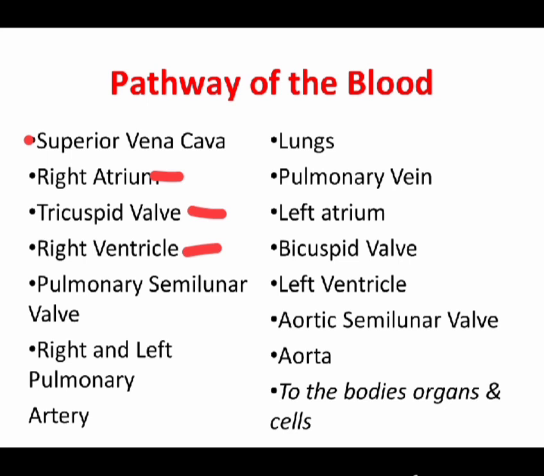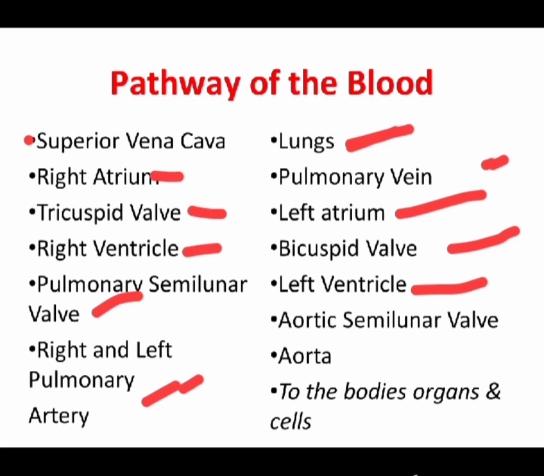It moves through the pulmonary semilunar valve, through the right and left pulmonary arteries, through the pulmonary artery. Then it goes to the lungs. Then from the lungs, it moves to the pulmonary veins, to the left atrium, through the bicuspid valve. Then it moves to the left ventricle, through the aortic semilunar valve, passes through the aorta, and then to the parts of the body. Okay, so basically this is the direction in which blood moves.